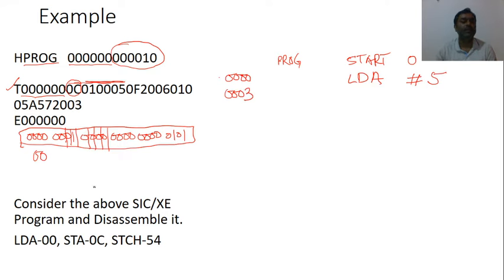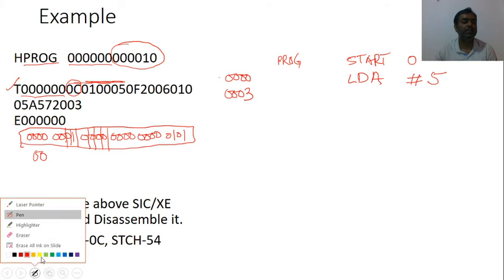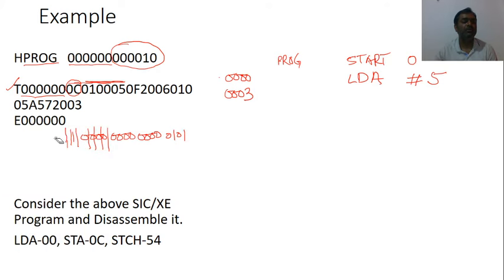And at the address 0003, now what is the object code? That is 0F2006. I have to convert this into binary. It will be 00001111, then 0010, then 0000, then 0000, then 0110.